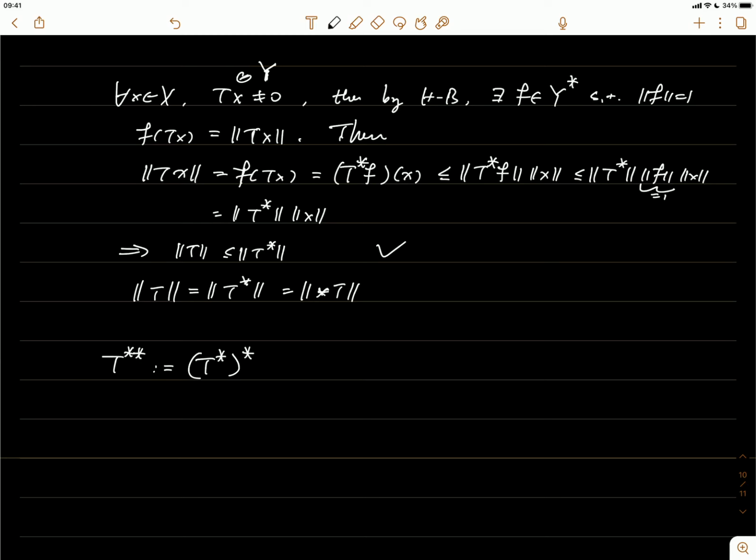Okay, so T star is a mapping from Y star to X star, so T is from X to Y, then T star is from here, then T double star should be from X star star, the bidual, to this.